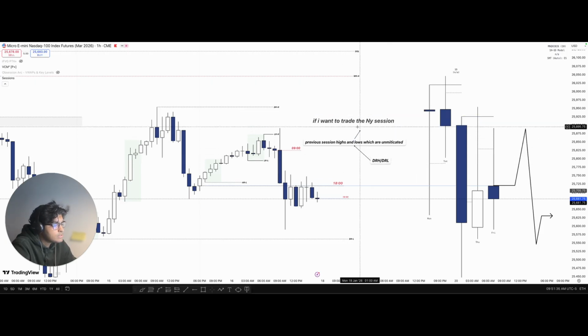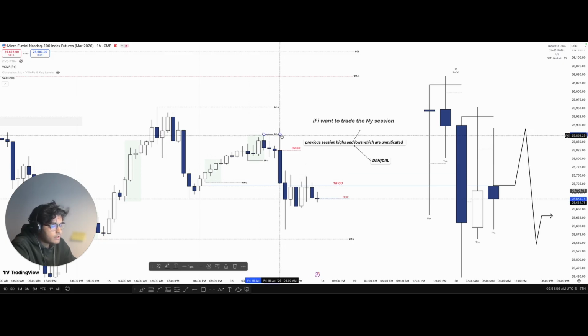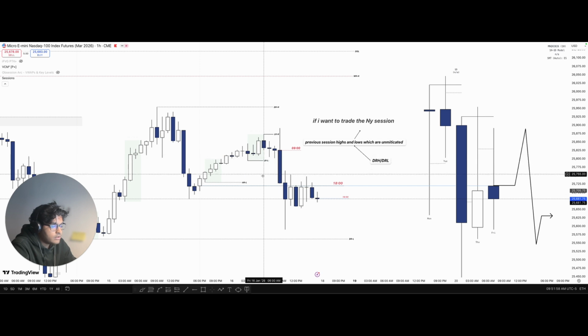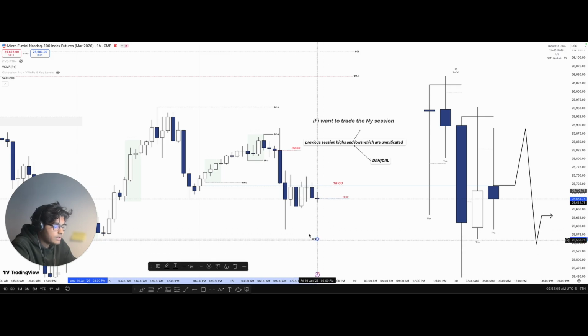So when I'm trading the NY session, we have our previous session highs and lows. Before the 9 a.m. opened, we had three unmitigated session liquidities available to us: the London high, the London low, and the Asia low, plus our daily low as well.